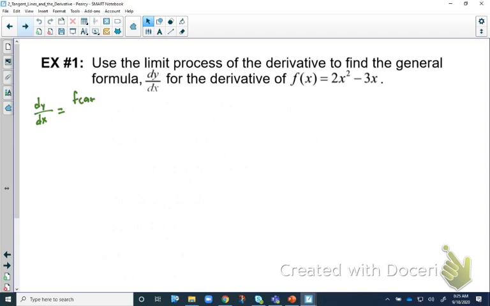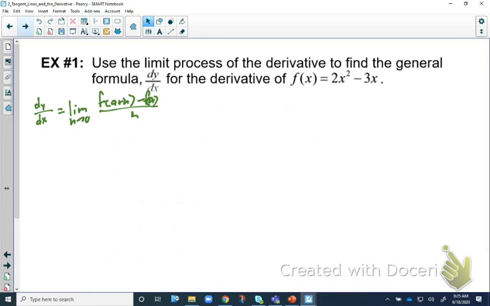The limit definition of the derivative, if you recall, is the limit as h approaches 0 of f of a plus h minus f of a, over h. That was the limit definition of the derivative that we had from our last section of material.